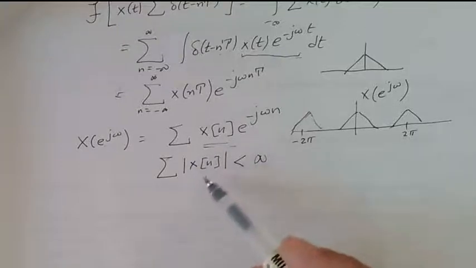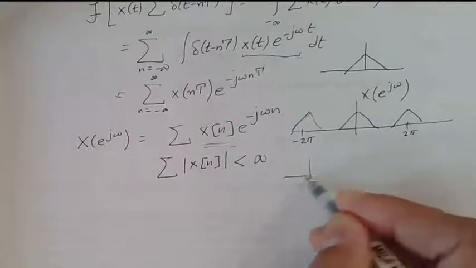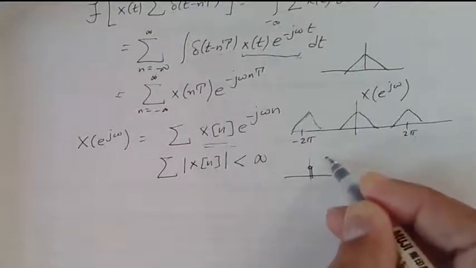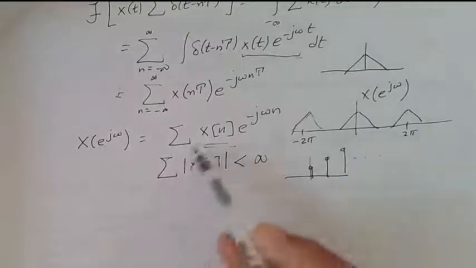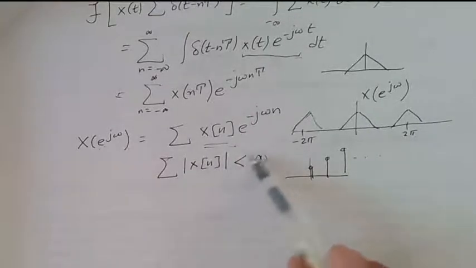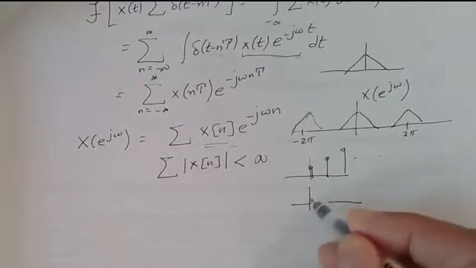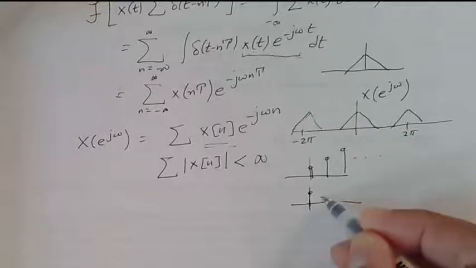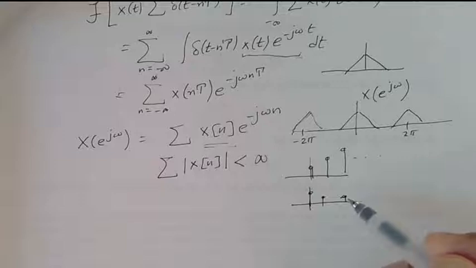Well, we can do what we did before. We can say, if I have an x of n that is, say, growing, and therefore when I take the summation of it, it'll break this bound and the summation will go to infinity, what I can do is multiply it with something that is, say, exponentially decreasing, and then take the Fourier transform of that.